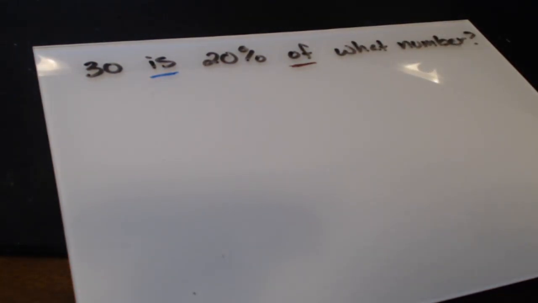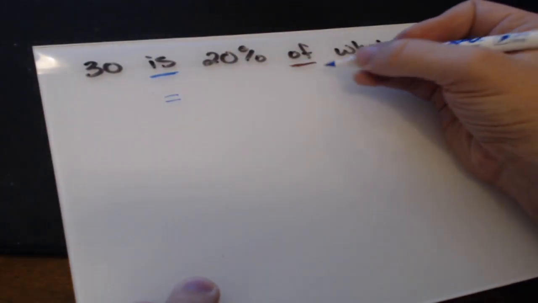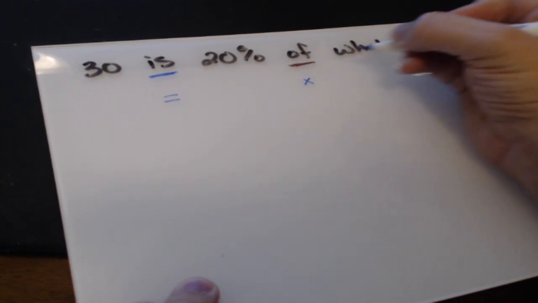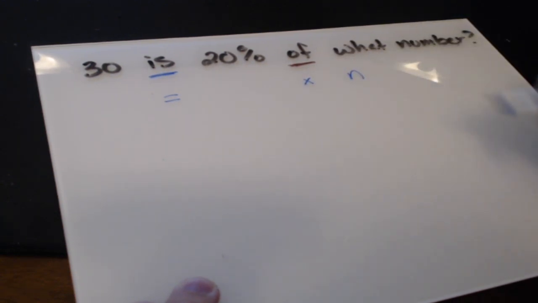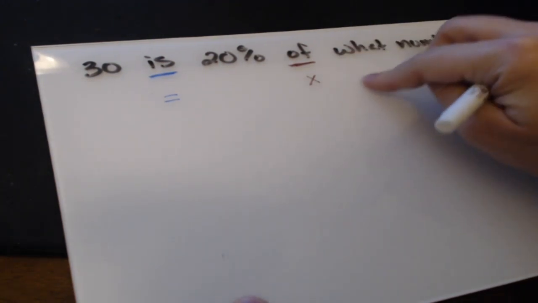So, of what number? We know 30 is equal to 20% of, and of means multiplication, some number. That's what we want to know. Sorry about that. So, whenever you see is, you should be thinking equals, and whenever you see of, you should be thinking multiplication.